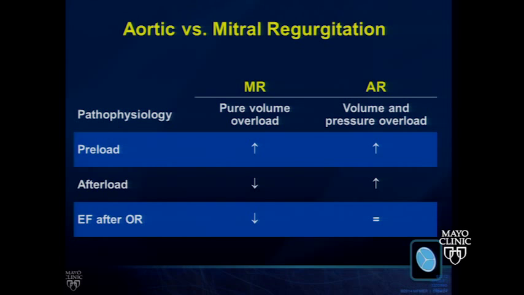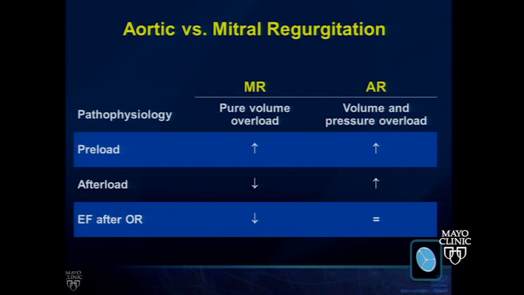If you think of mitral regurgitation, it's a pure volume overload, so the preload is increased. In mitral regurgitation, because you're ejecting into a low impedance left atrium, the afterload is decreased.